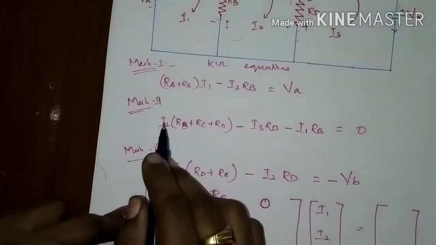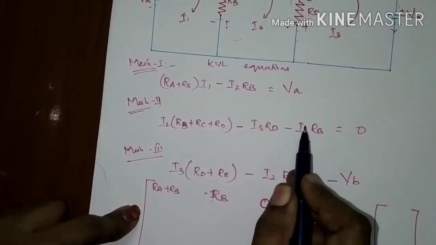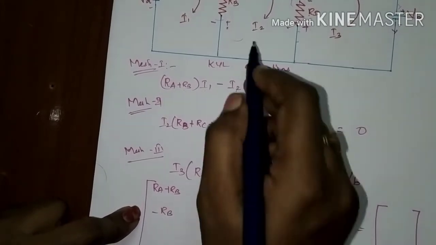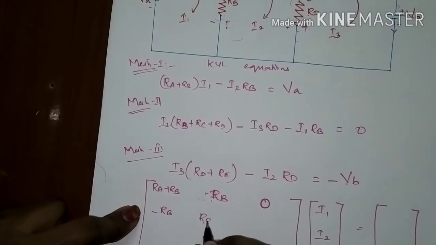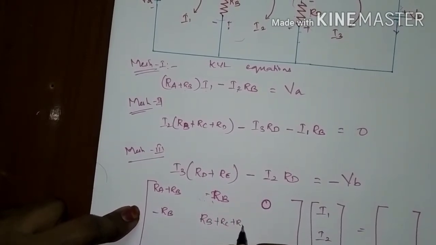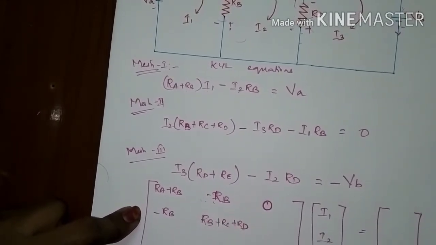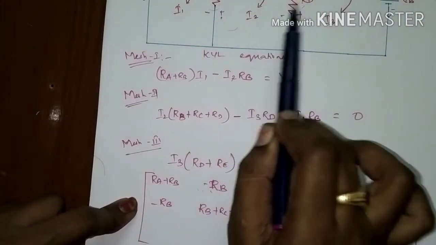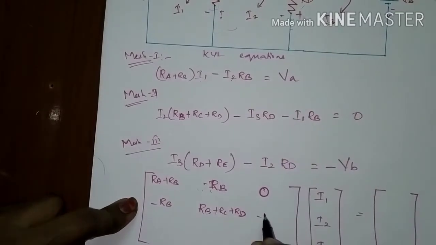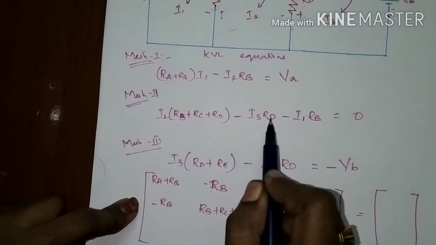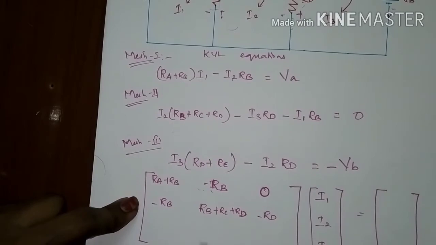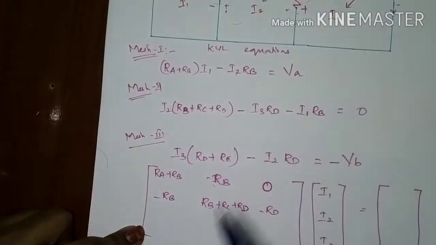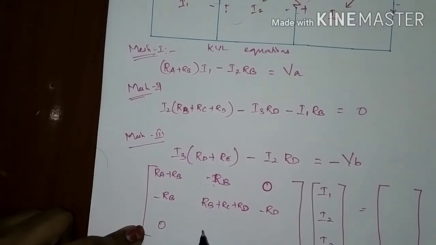In the second equation, the common resistance for the second and first mesh is minus RB, the self resistance of the second mesh is RB plus RC plus RD, and the common resistance for the second and third mesh is minus RD. And in the last equation, there is no common resistance for the first and third mesh, so it is 0.